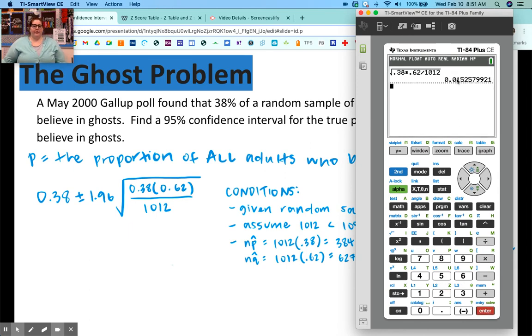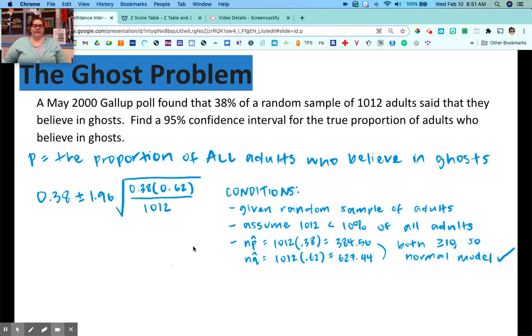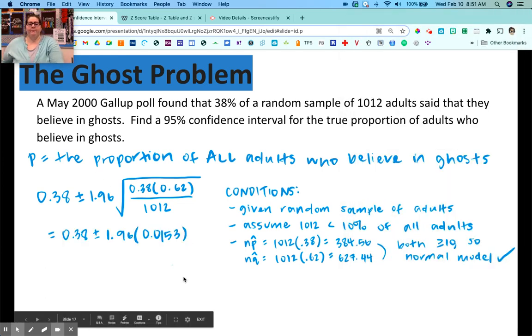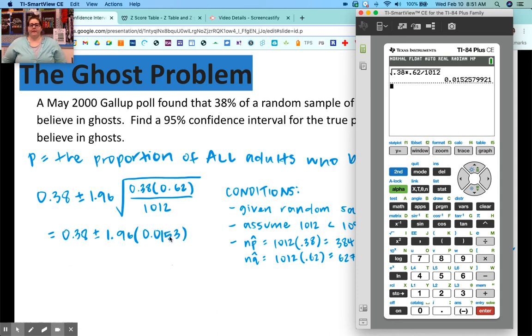And then just don't clear that out, right? So then my next step would be, so that's the 0.0153. That's the square root part. And then I'm going to multiply that times 1.96. So I still have that in my calculator. I'm just going to do times 1.96. So it's using that last answer, which is 0.0299.